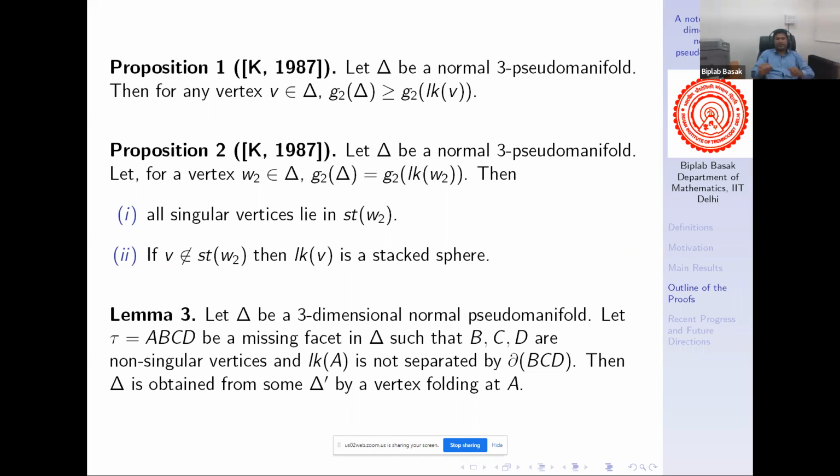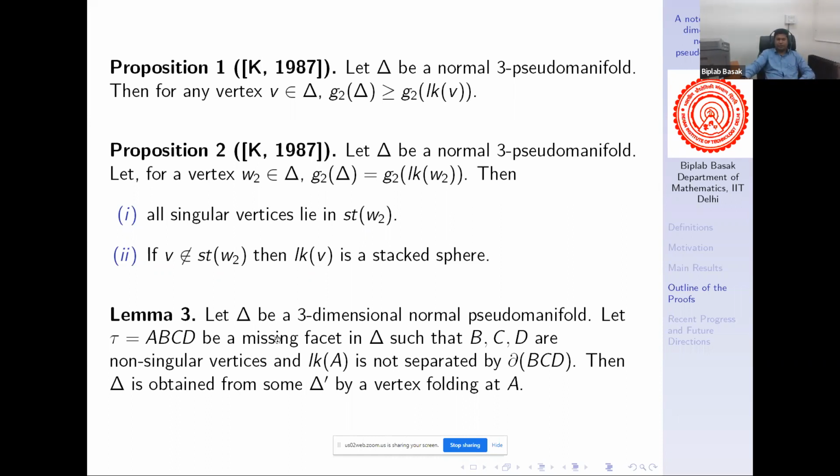It says that if delta is a three-dimensional normal pseudomanifold and A, B, C, D is a missing facet in delta. Missing facet means this tetrahedron is not in delta, but all of its faces, that means all four triangles, ABC, ABD, ACD, and BCD, are in delta.